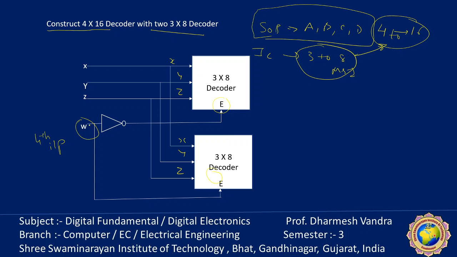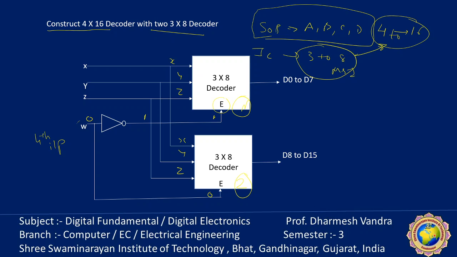If W is 1, then this will become 0, and so the second decoder is useful. But if the W value is changed, if W is 0, then this one is enabled and the one below is disabled, so decoder number 1 will be enabled.